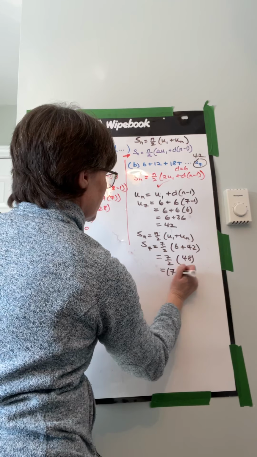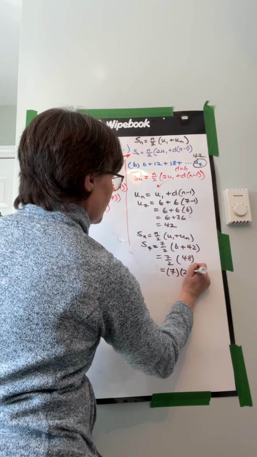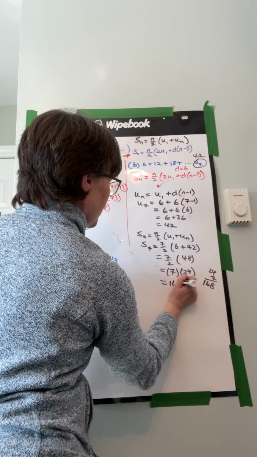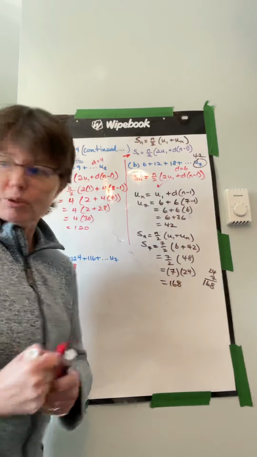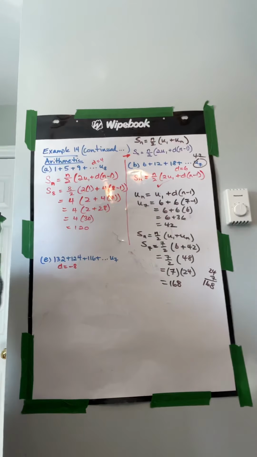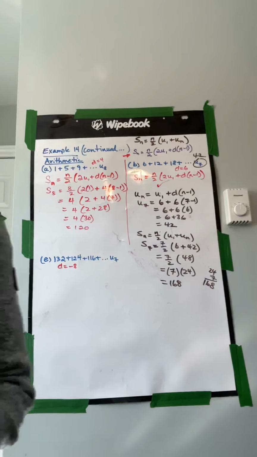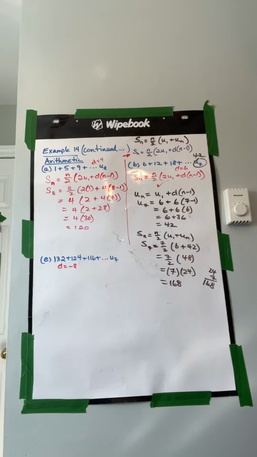It's going to be 7 times 24, which is 168. Okay, just going to double check to make sure both of those answers are correct and that we're on the right track so far. So we've got number A, 120, number B, 168.